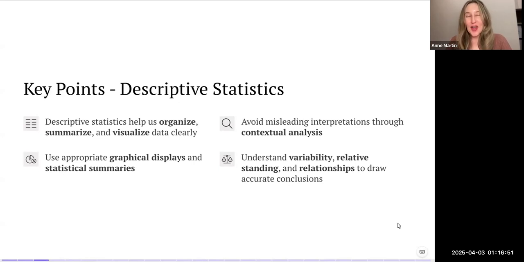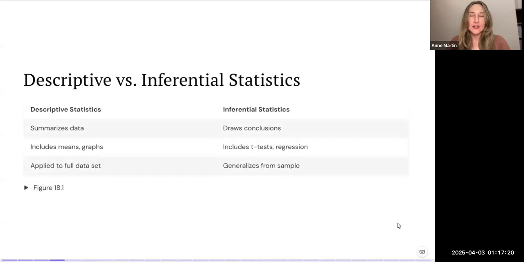And again, like mentioned at the beginning of the chapter, when you're working with descriptive statistics, it's important to avoid any misleading interpretations and keep the descriptions as accurate as possible in terms of how you could describe what's happening in the data. So oftentimes in descriptive statistics, you will see things such as discussions of the variability in the data, relative standing like percentile ranks, and the relationships to help us draw some conclusions.